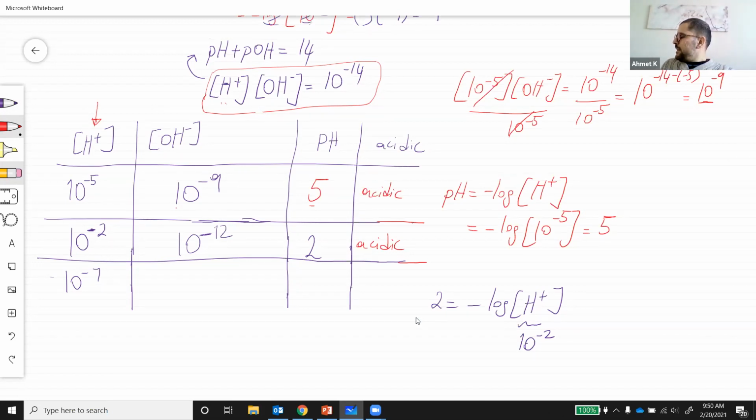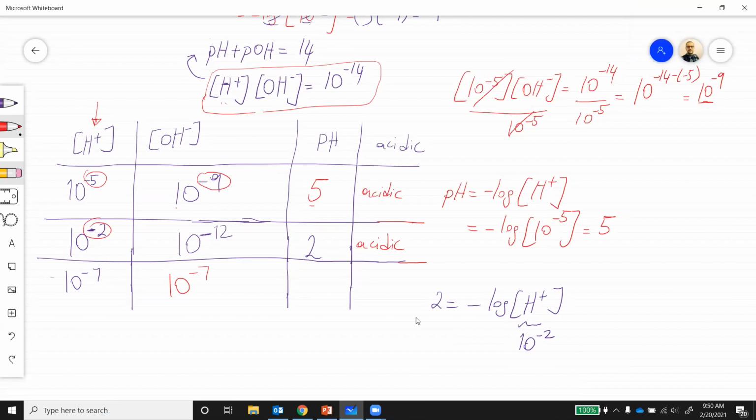Okay, what about the last one? OH is 10 to the negative 7, pH 7, and neutral. So again here it is negative 7. I know that if you multiply these two, the exponents have to add up to negative 14. So therefore, this must be negative 7.